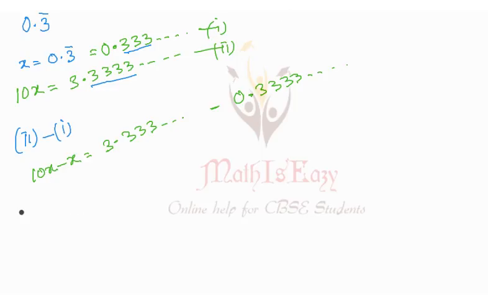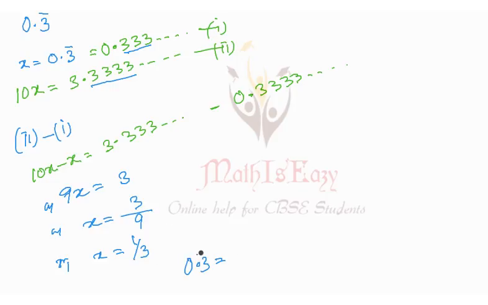If you subtract, you will get 9x equals 3. So we can easily find the value of x. After transposing, x will be 3 by 9, or x will be 1 by 3. We have taken x as 0.3 bar, so obviously 0.3 bar means 1 by 3. That will be the fraction conversion.